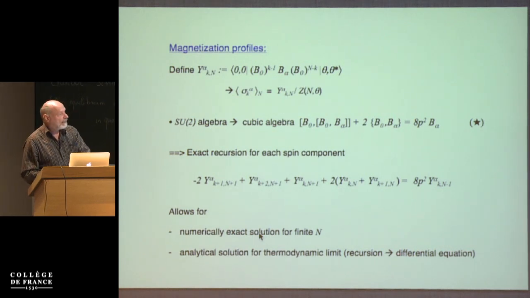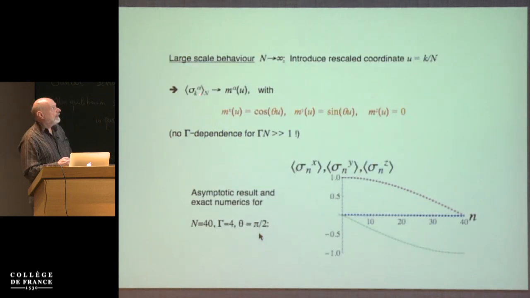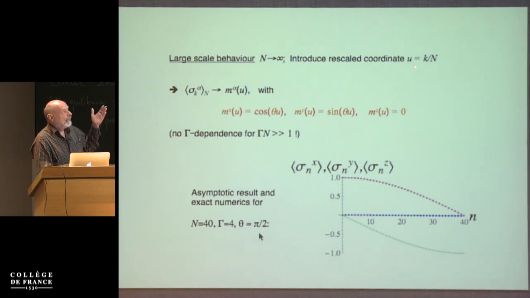And this differential equation is remarkably simple. It's just a harmonic equation. That means that your magnetization profiles, if you take n very large, and you introduce a rescaled coordinate. So basically what it means is you take your k somewhere in the bulk, make it very large, proportional to n, so that u remains a constant. Then your magnetization in alpha direction at site k becomes a function of this coordinate u.